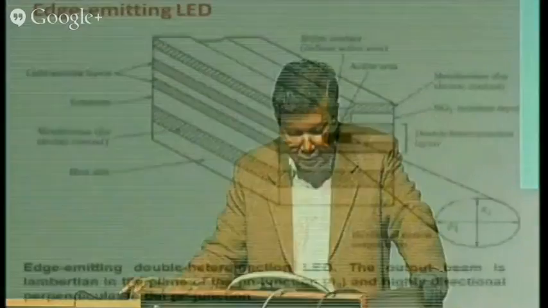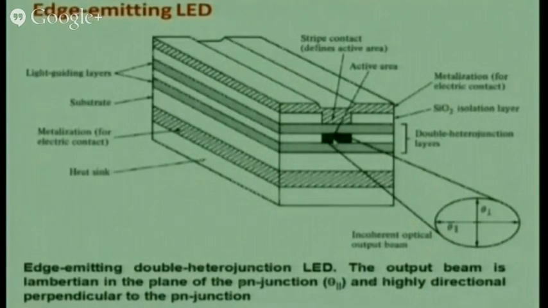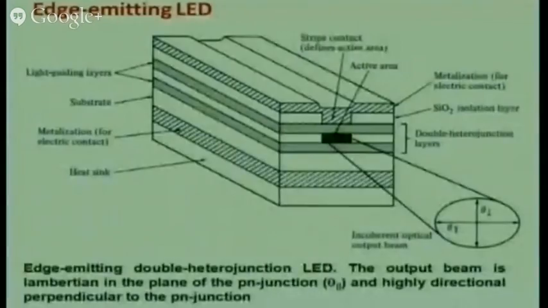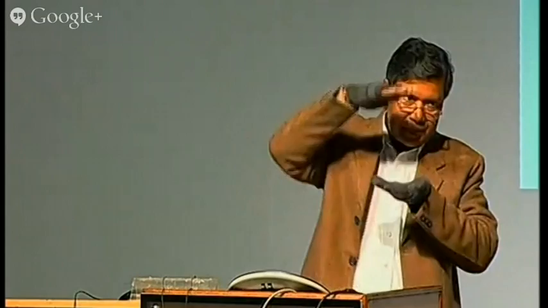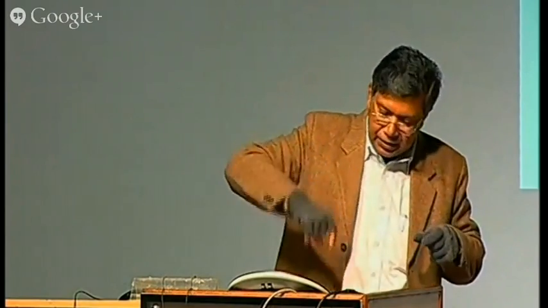So basically, in simple LEDs, we have the active region all around the surface, and the light is emitting from all directions, right? What I want is that the active region should be confined. One way is I can confine from the top surface, restricting my confinement so that I can get the output on that side, or I can confine along the length of the junction, right?